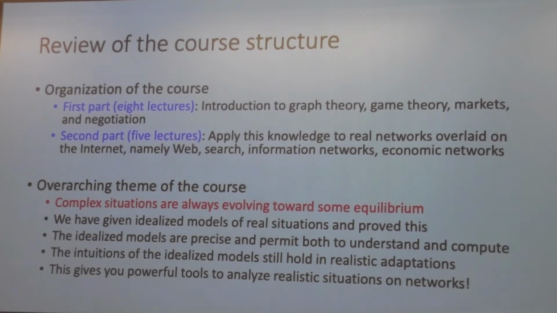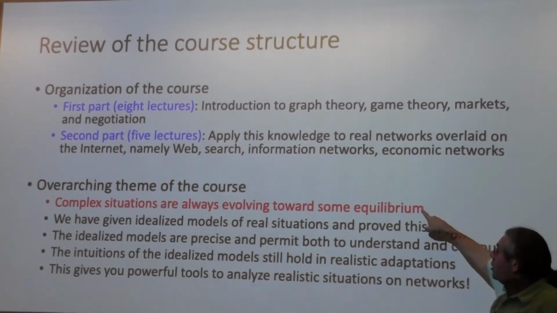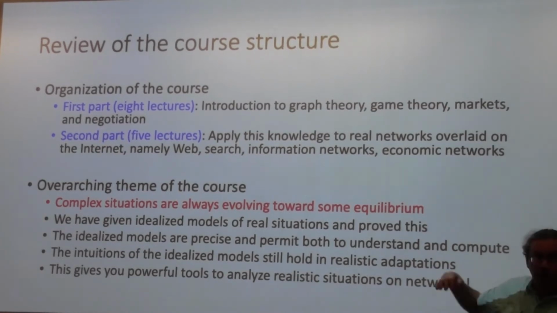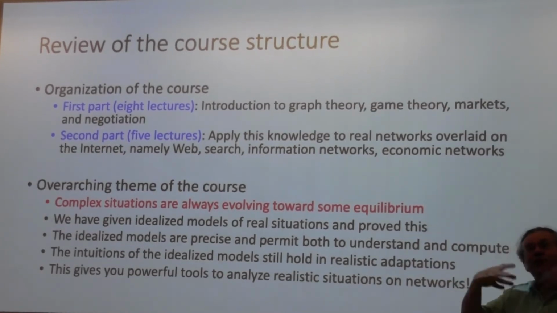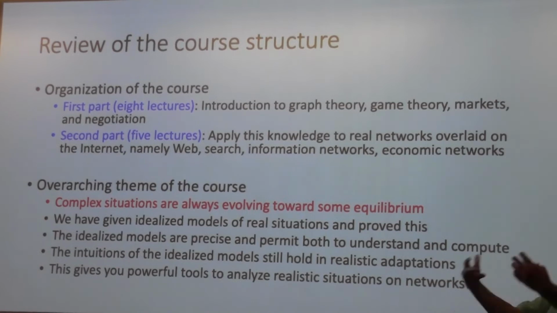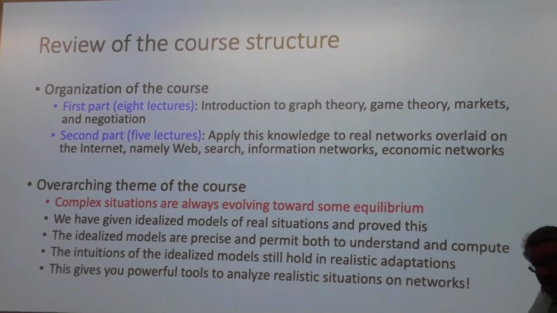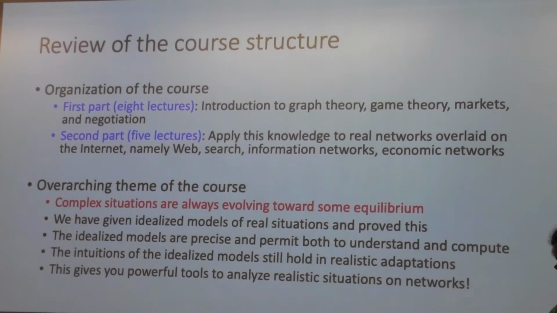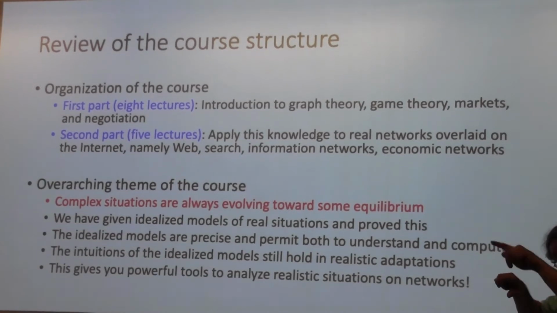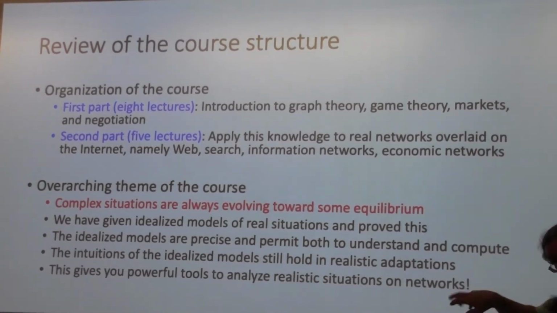Let me give you some principles that connect everything together. First of all, in all these complicated situations, they're always converging, moving toward equilibrium. Remember structure balance with enemies and friends? This is converging. All the triangles that are unstable are disappearing.